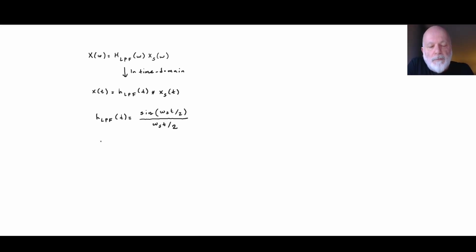Now, remember that omega s is equal to 2 pi over Ts. Capital Ts is the sampling period.